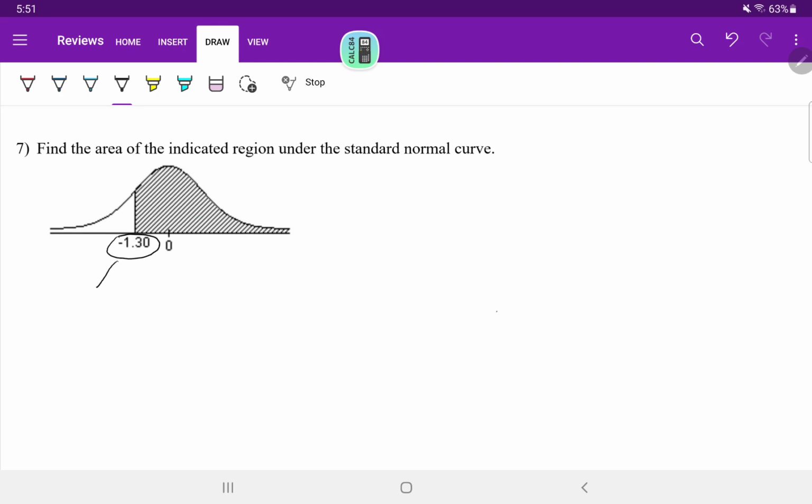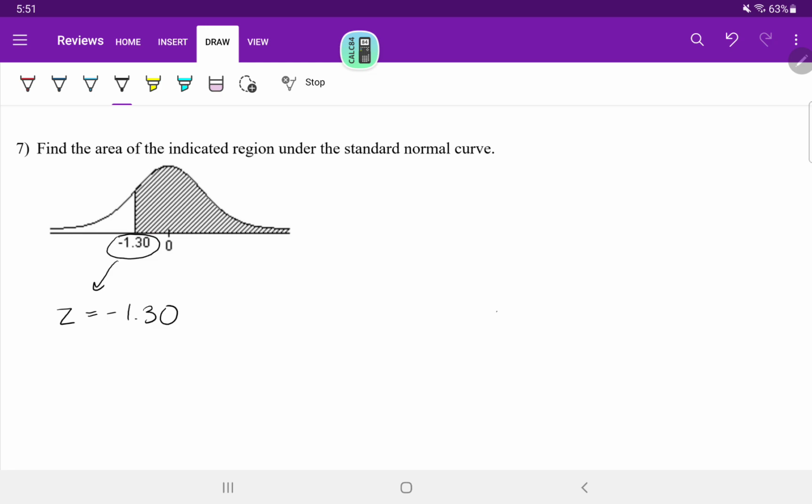This value right here is going to be the z-score. Now, remember what I said before. The probability given to us on the z-score table is the area that is shaded to the left of the z-score. In this case, we can see that the area is shaded to the right side of the z-score.